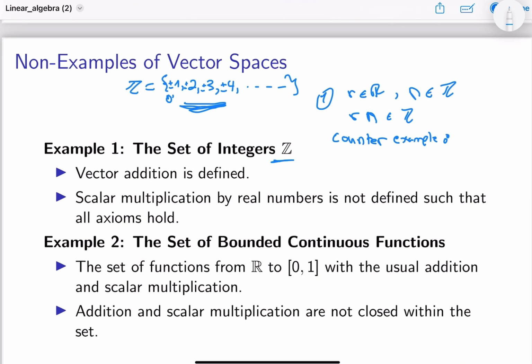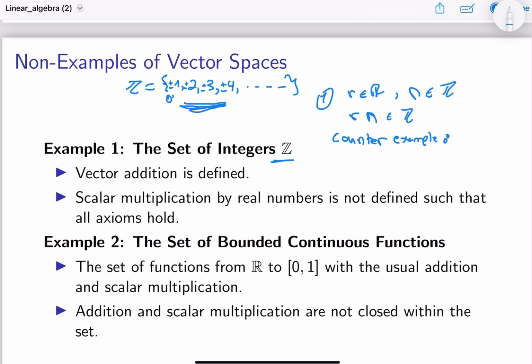You prove that the property holds for any element of the vector space. However, when you want to disprove that one of the properties is true, you disprove this by giving an example. So disproving is easier, while proving is harder. Disproving, you only need to give a counterexample in this case.